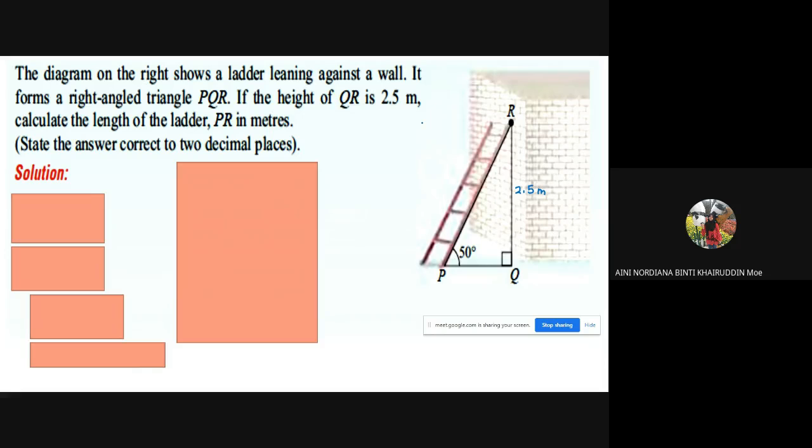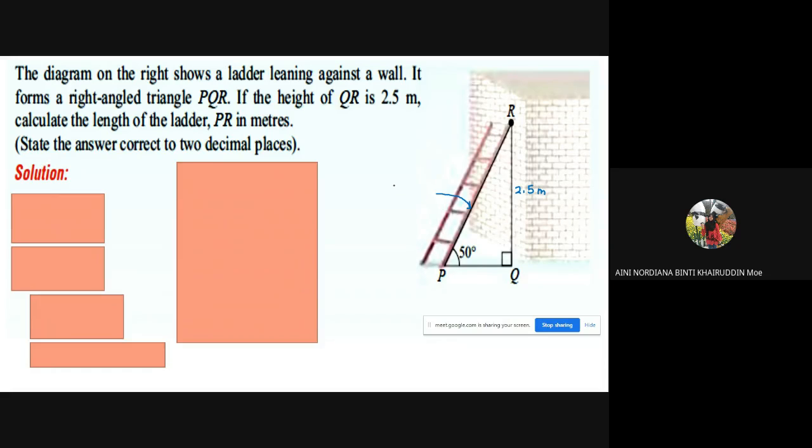So what is PR, girls? Adjacent. Adjacent, are you sure? Opposite 90 degree? Okay, what is opposite 90 degree?